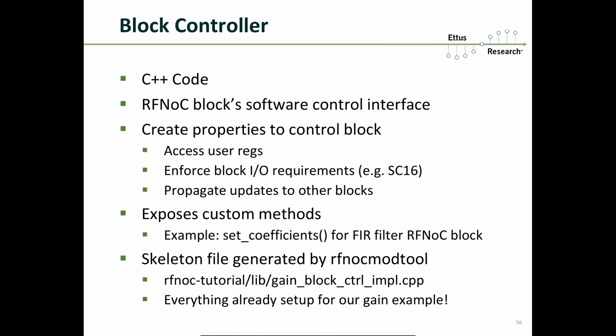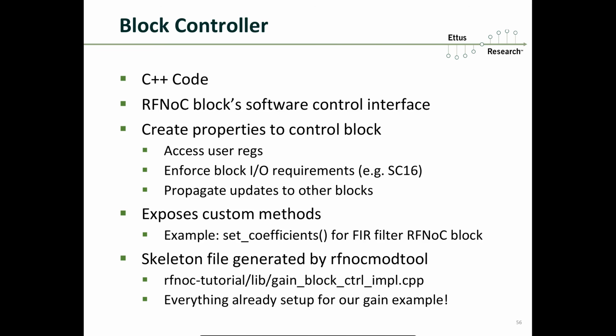So with our block, we have our block description YAML file. Then we also have a block controller C++ file. What that's doing is it's C++ code that is our software control interface for our rfnoc block.